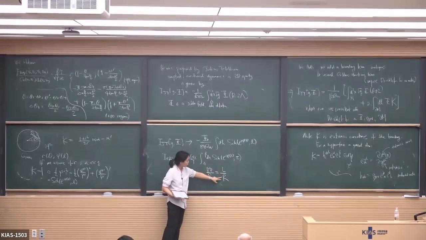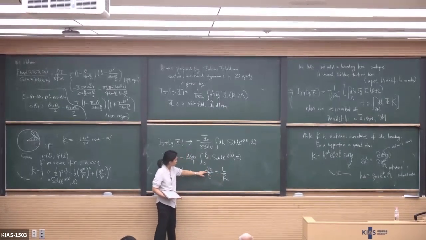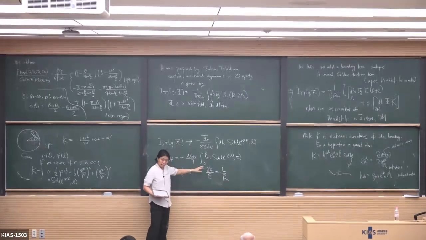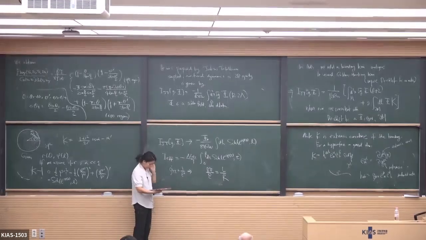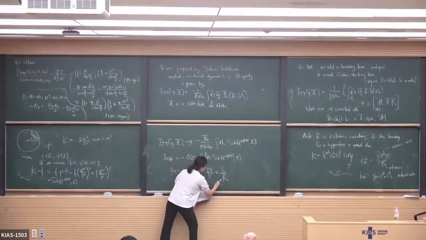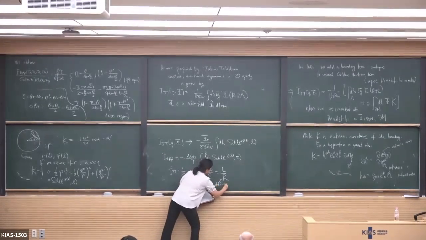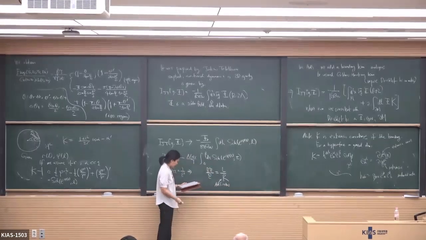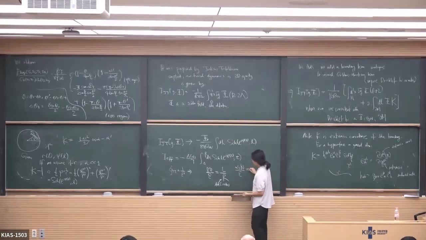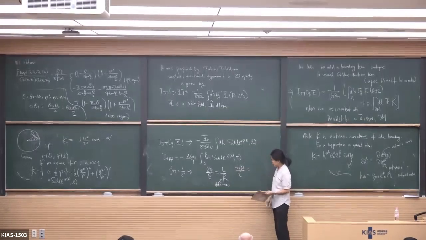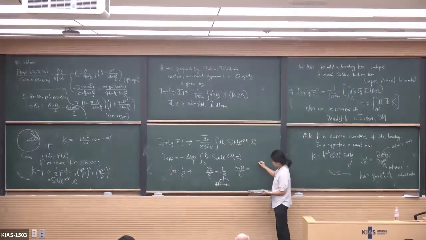So the proper length of the boundary in units of AdS radius is equal to beta J in the SYK model in units of this cutoff epsilon. And alpha S N over epsilon, so large N up to this numerical coefficient alpha S, in units of epsilon is equal to the boundary value of the dilaton divided by 8 pi G Newton.